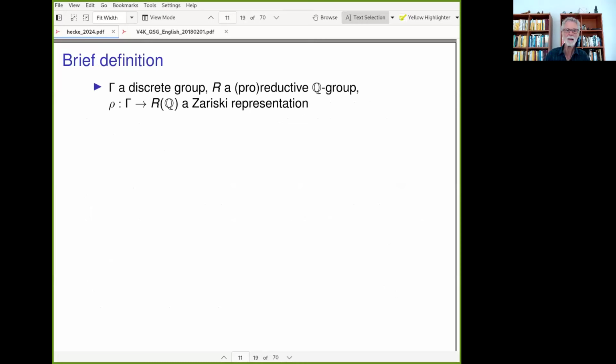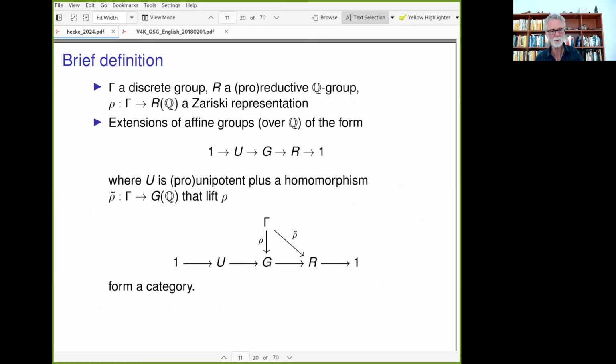But anyway, in the case we're interested in, or in general, we take gamma to be a discrete group, R a possibly pro-reductive Q group, and we're going to fix a Zariski dense representation from gamma into the Q points of this reductive group or pro-reductive group.